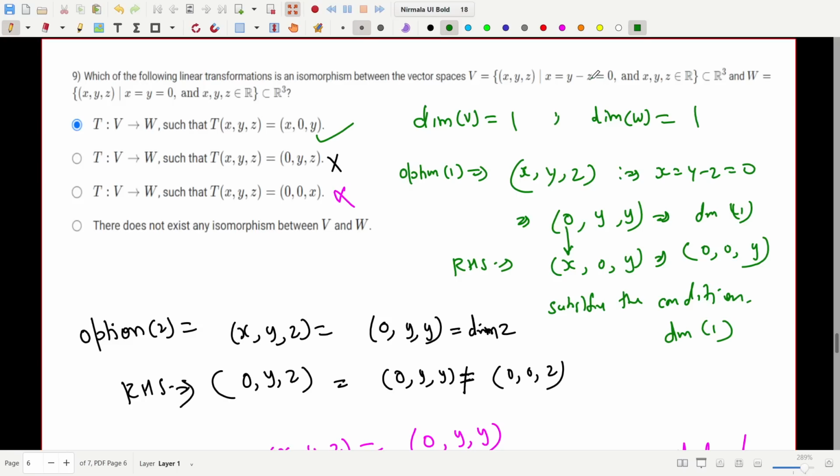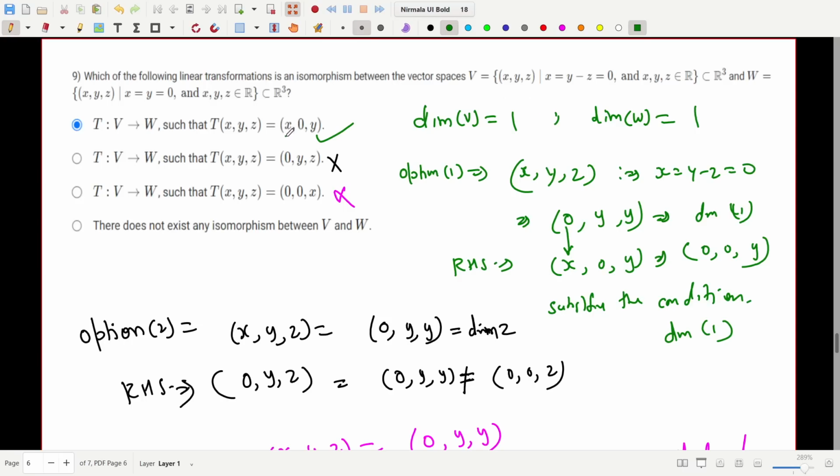So here only one free variable is there, so the dimension of V is 1. And for W, x is equal to y is equal to 0, x and y are always 0, and z can take any value. So the dimension of W is also 1, so the transformation is from one dimension to one dimension only. So let's check the options.